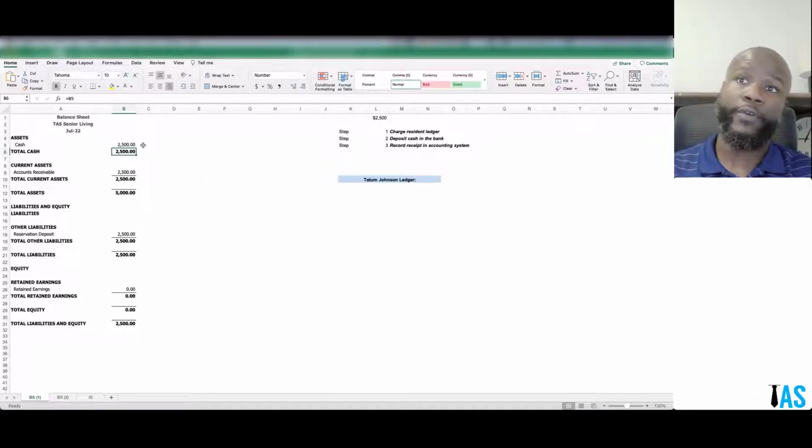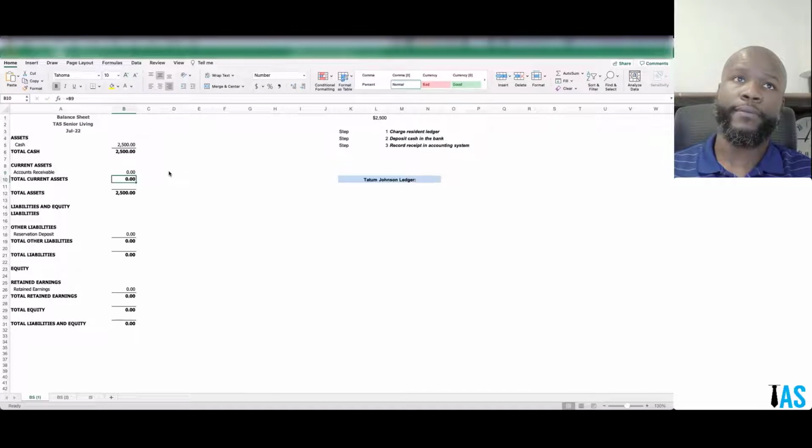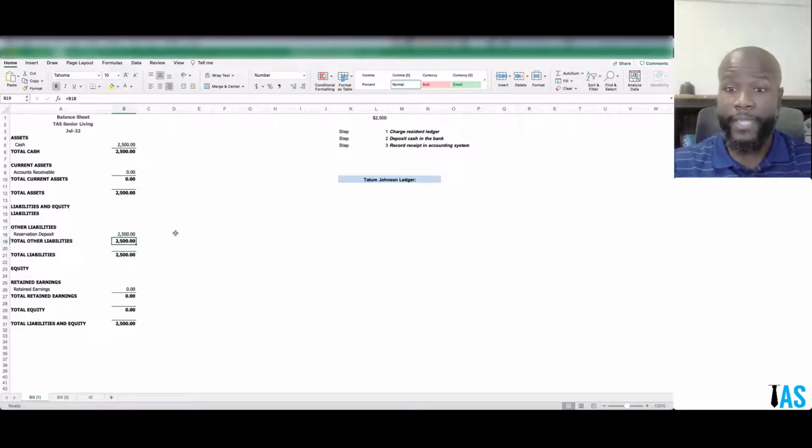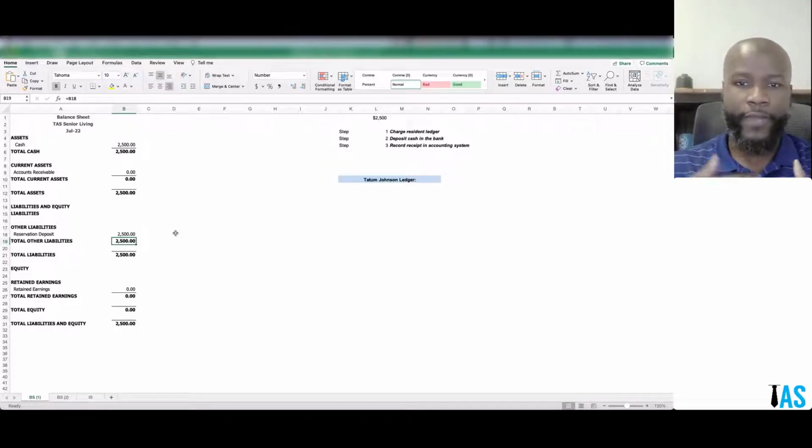They've just put cash in the account, so now the AR goes away because the resident's paid. The ledger goes down. Now we have cash in the bank and we have a reservation deposit. Again, all of this interacts with the balance sheet.